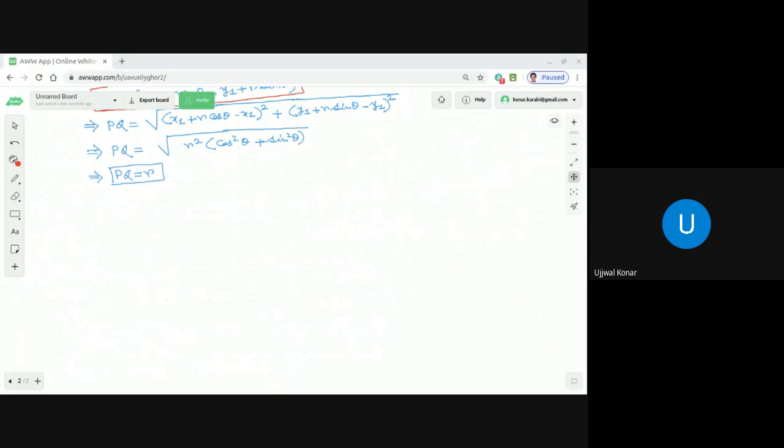At a given distance r from the point x1 comma y1 on the line, that is in the symmetric form, x minus x1 by cos theta is equal to y minus y1 by sin theta, there are 2 points. One is x1 plus r cos theta, comma y1 plus r sin theta, and another point is x1 minus r cos theta, comma y1 minus r sin theta respectively.